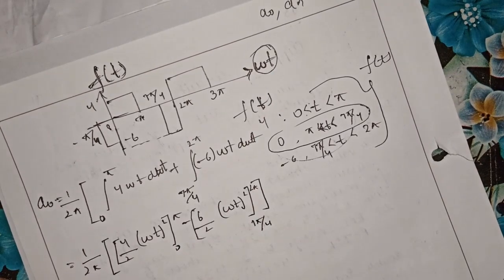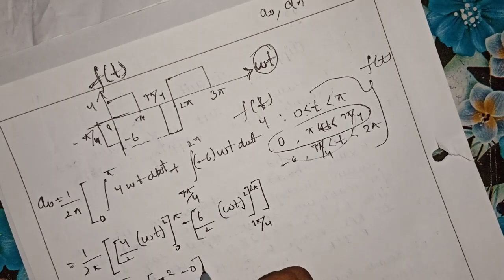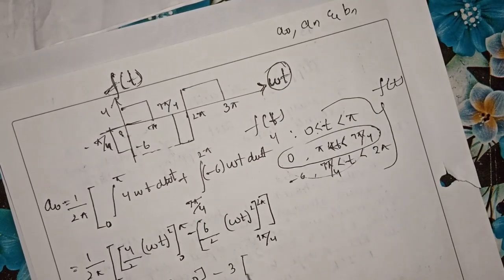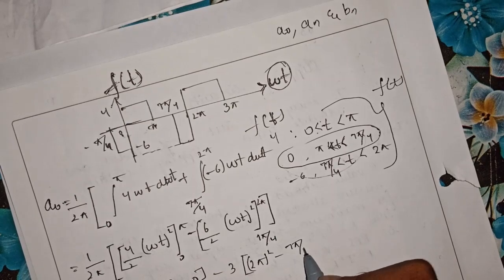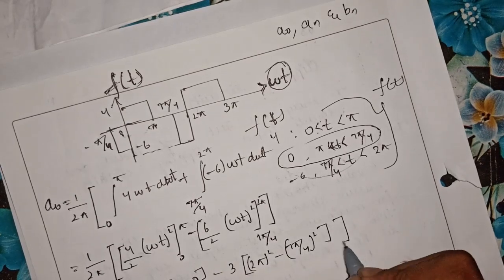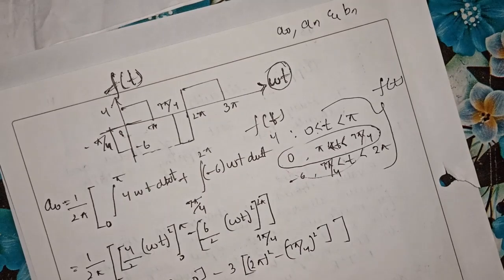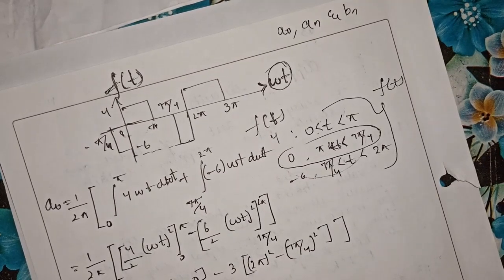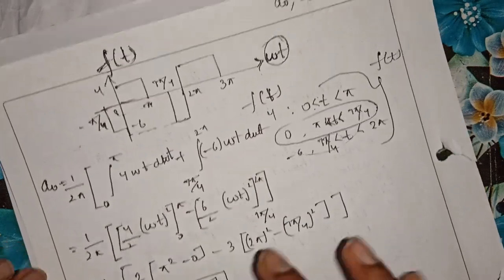Substituting, we get 2 of pi squared minus 0, minus 3 of (2 pi) whole squared minus (7 pi by 4) whole squared. On solving this, you get the answer equal to minus 1.27. So this is your E naught value, and now we have to calculate the value of En.